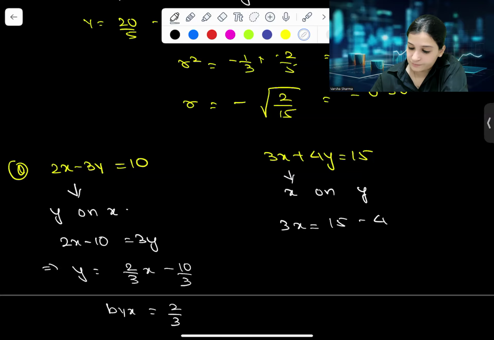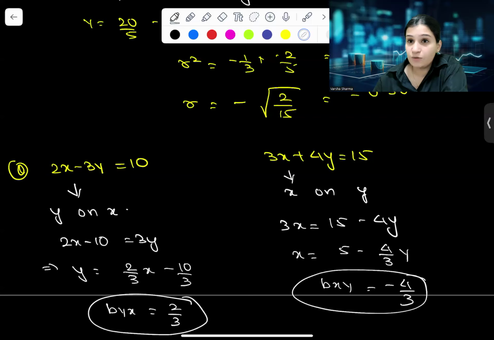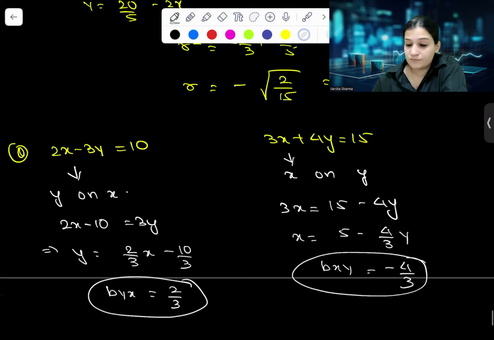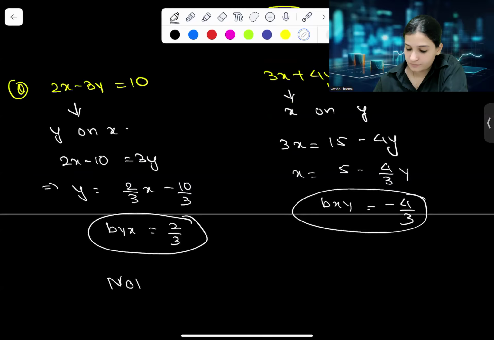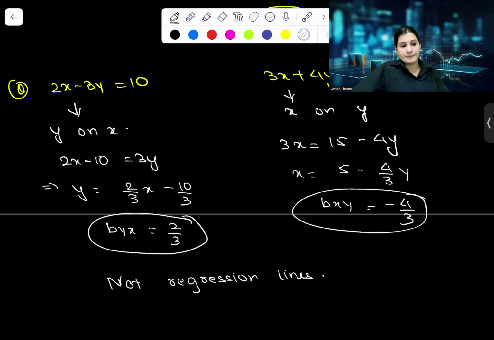Isolate x. So bxy is minus 4 by 3. One of them is negative and the other is positive. Is it allowed? No. So they are not regression lines. You may have an option as not regression lines, or you may have none of these. So tick none of these. Clear? Yes, ma'am.